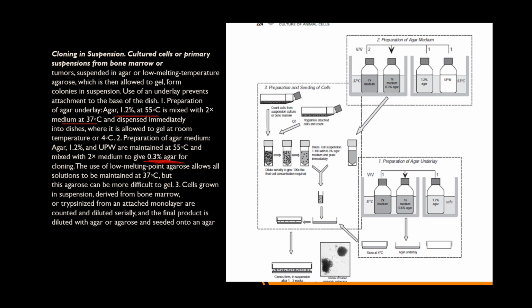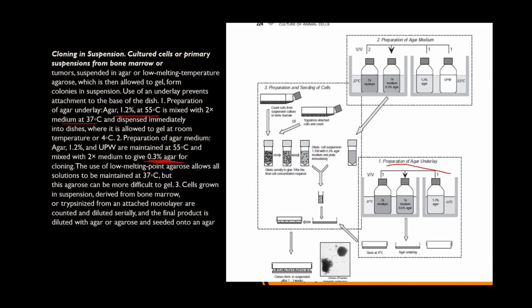So the first step is to prepare the agar underlay. For that we need 1.2% agar in ultra pure water, maintained at 55 degrees Celsius, and then it's mixed with 2x medium to give 0.3% agar. That's the final concentration of the agar.